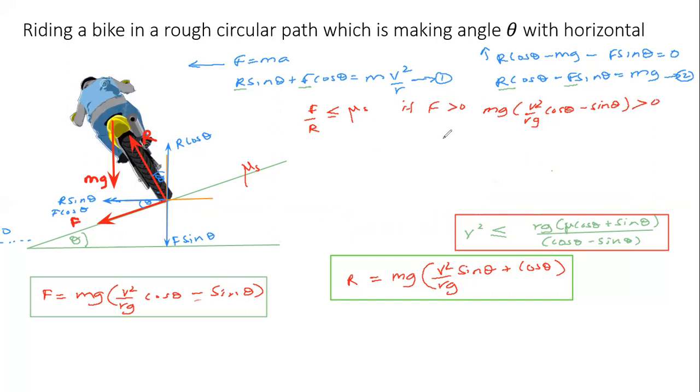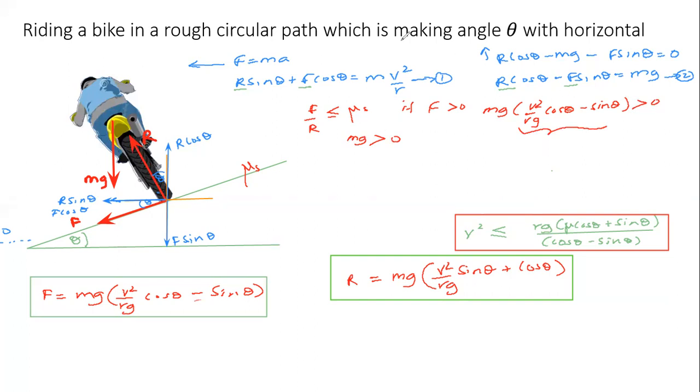Here mg is a product, and mg is not equal to 0. Since mg, the weight, is a positive number greater than 0, this term also should be greater than 0. Then only the product will be greater than 0, no?